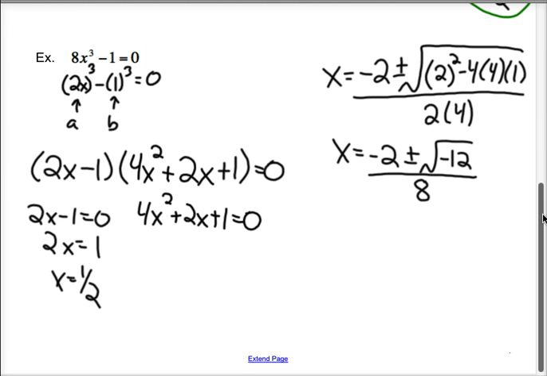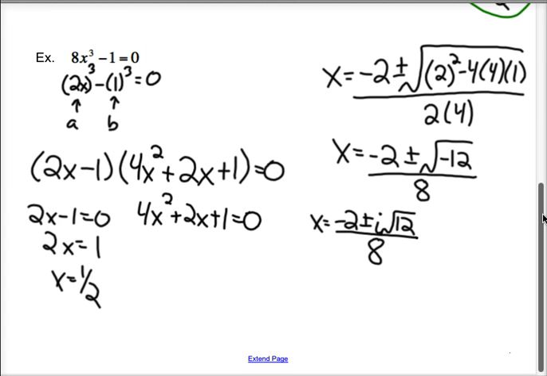Now, remember, because we're trying to square root a negative there, we pull that imaginary piece out, okay? We pull out the negative to say that it is imaginary.